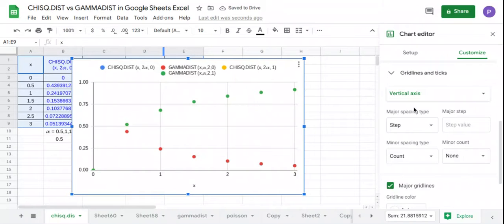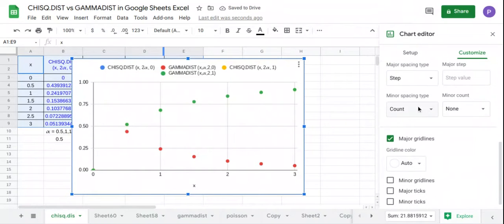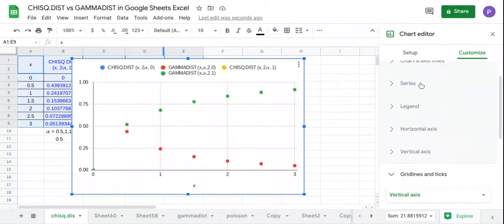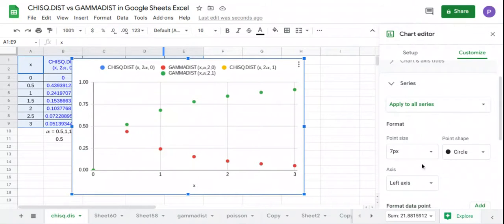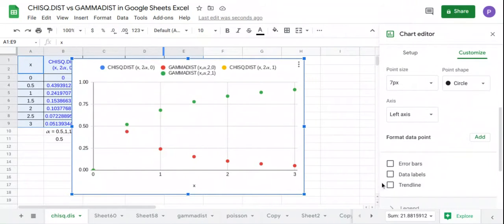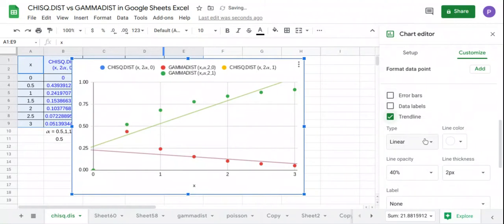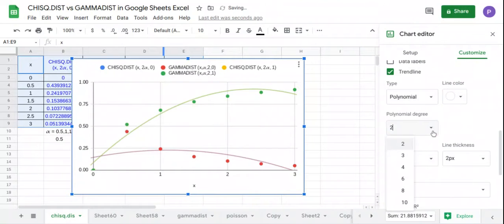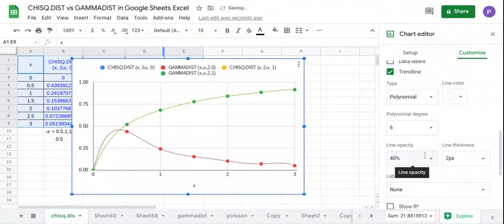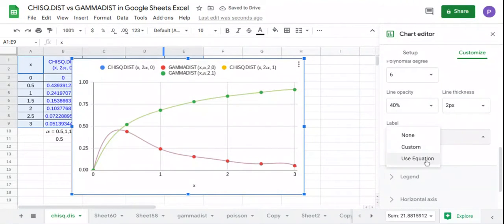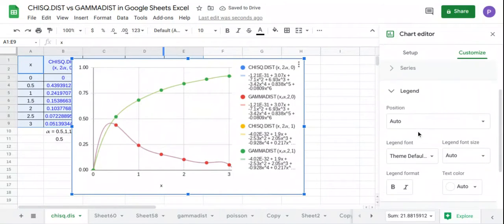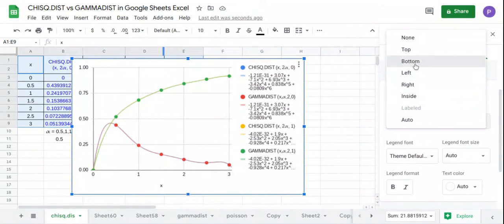And for the series, show the trend line, polynomial to the 6th degree. Use the equation as header. For the legend, position at the bottom.